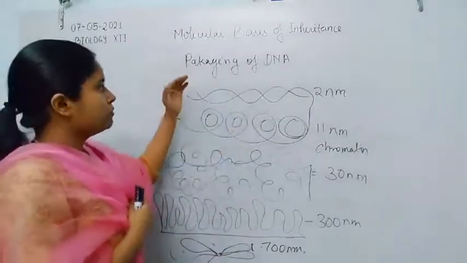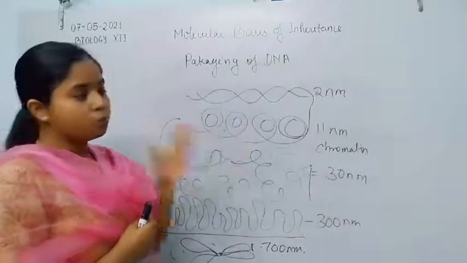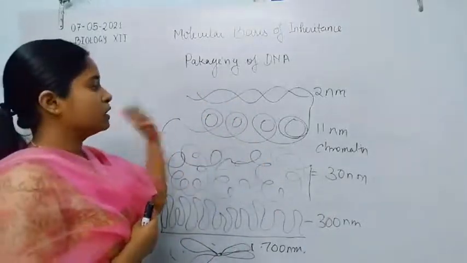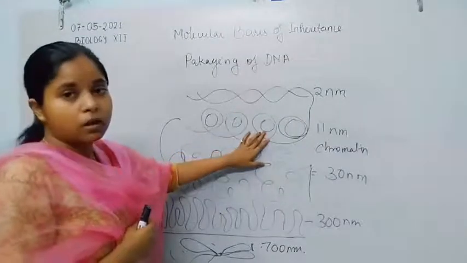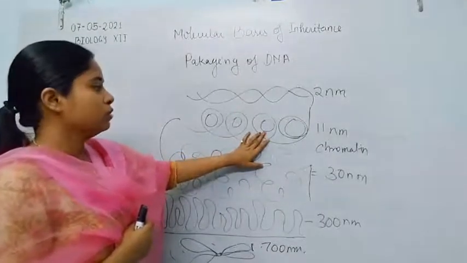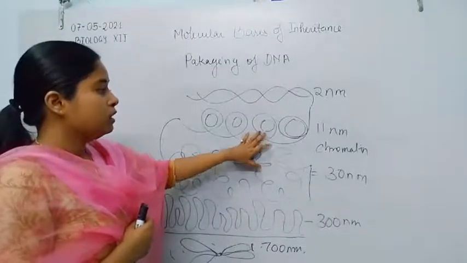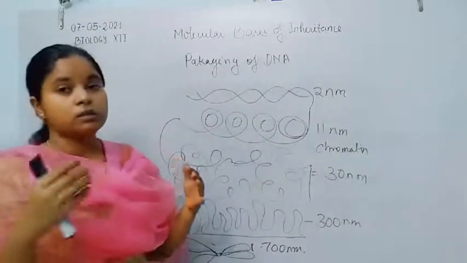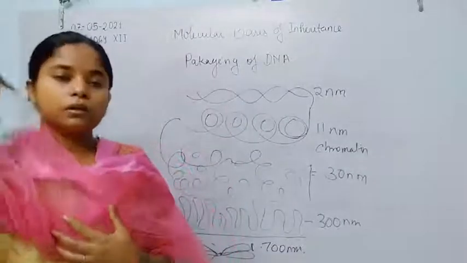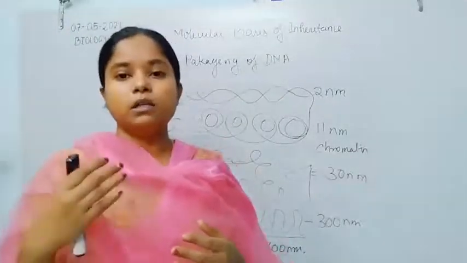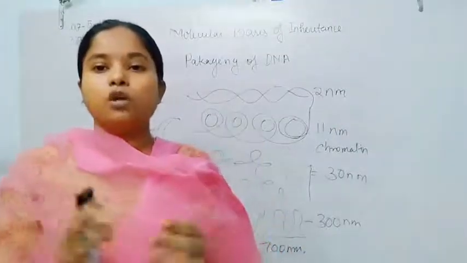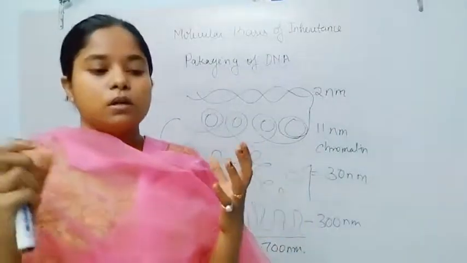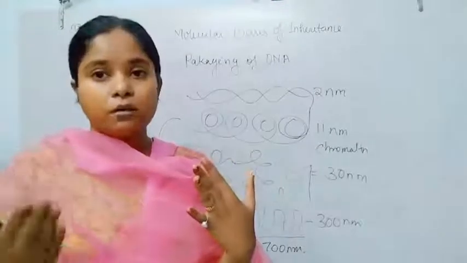That's why packaging is so important, and the packaging of DNA takes place around the histone protein, in such a way that whenever there is a need for protein synthesis or regulation of gene expression, a small portion of the DNA molecule gets opened by certain enzymes, HAT or HDAC.